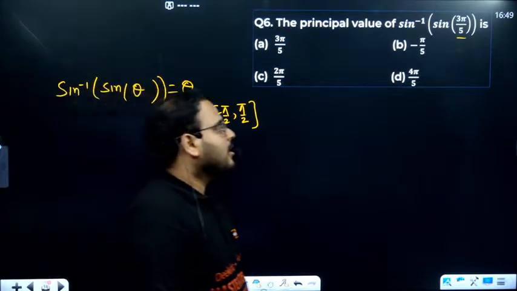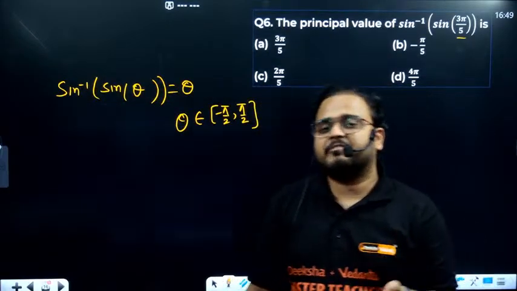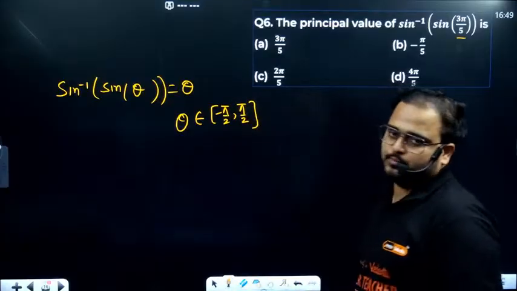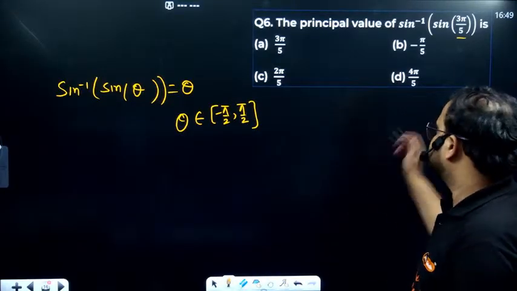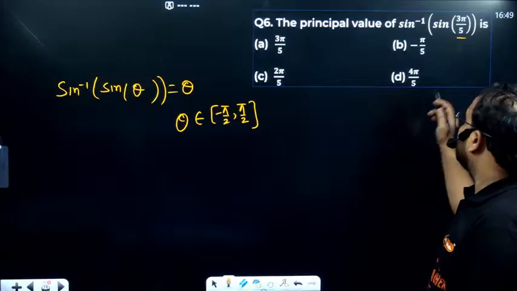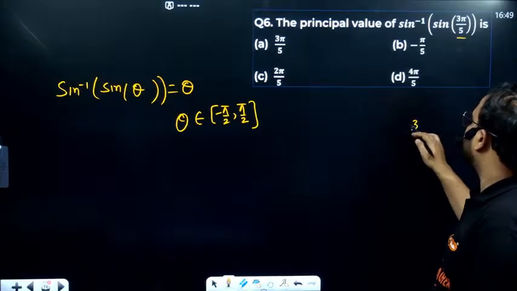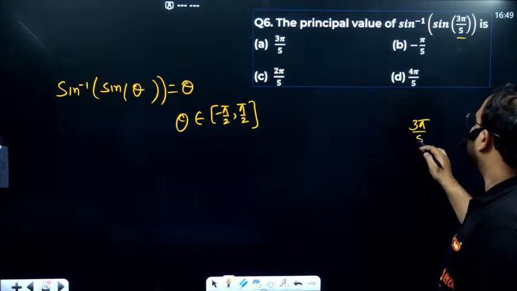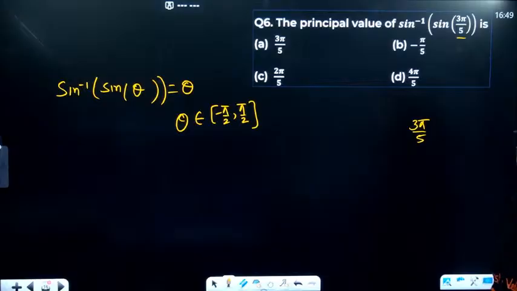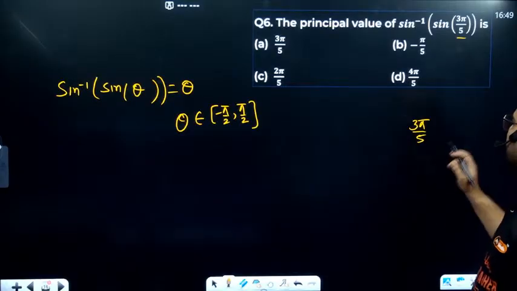Means I have to transform. If you check, 3 pi by 5 is outside pi by 2. It's an obtuse angle, so we have to rewrite the angle 3 pi by 5. How can we rewrite it?